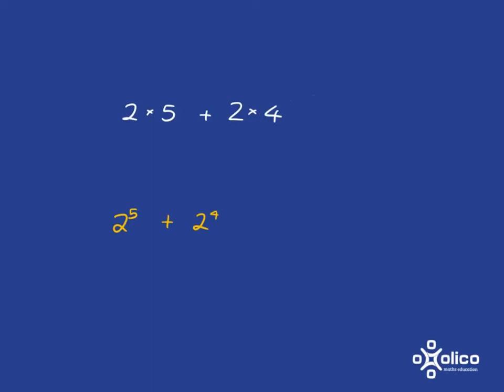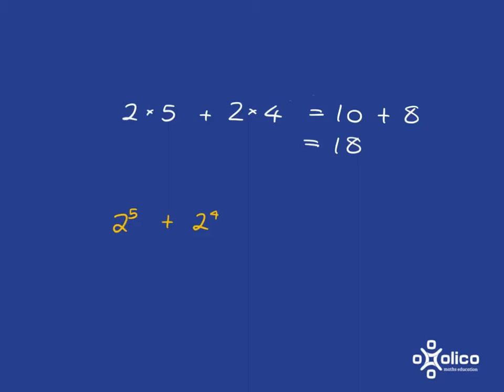Let's just emphasize the difference between multiplying by a number and raising to a power. So what's 2 times 5 plus 2 times 4? Well, 2 times 5 is 10, and 2 times 4 is 8, and so in total here I'll have 18. In contrast, over here I have 2 to the power of 5, so what does that mean?